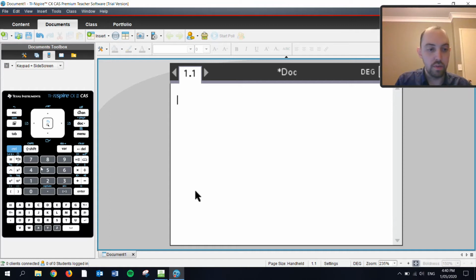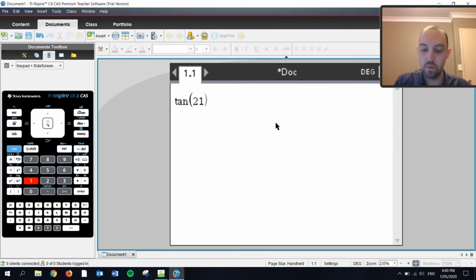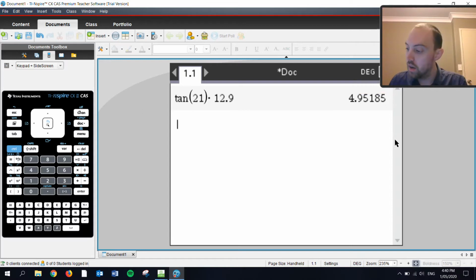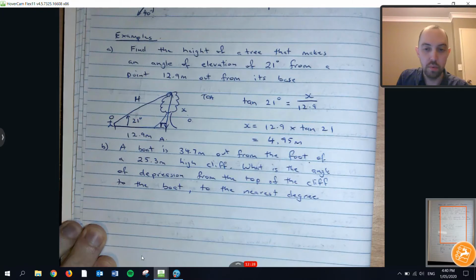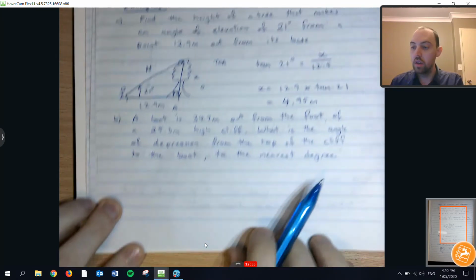Okay, we have tan 21 times by 12.9. And you can actually change degrees and radians by clicking on here if you have your TI. Just go to 2 decimal places, 4.95 meters. All right.